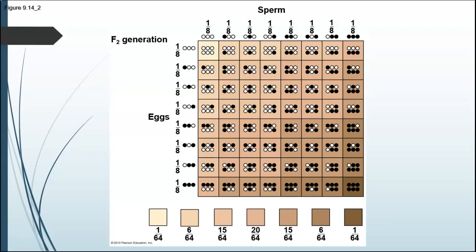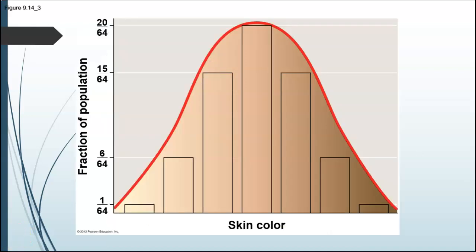As you can see, the more copies you have, the more complex the Punnett square becomes, and the more complex the probabilities become as well. So we're not going to worry about doing those kinds of crosses because they're very complicated. But it just shows you why we have so many different skin colors in the people that we know.